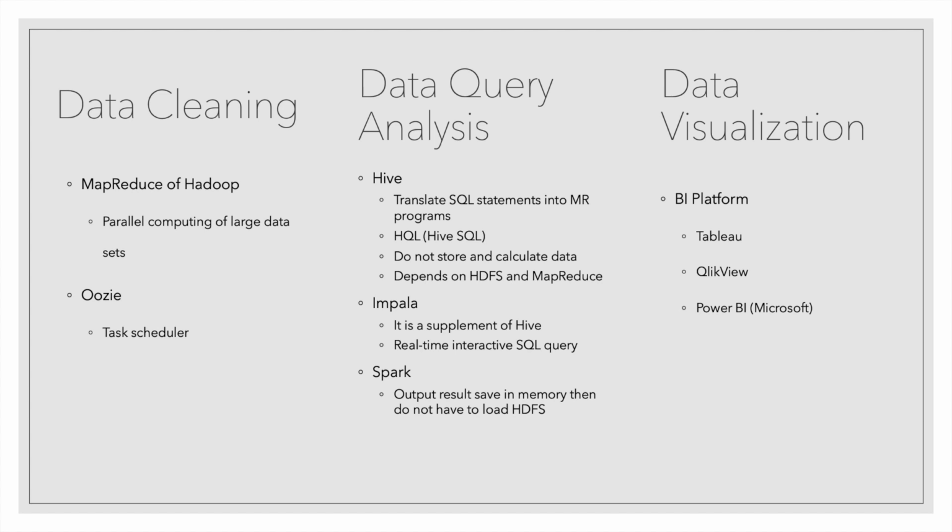MapReduce of Hadoop and Oozie can help do data cleaning, and Hive translates SQL statements into MR programs, using HQL, which is Hive SQL, and does not store or calculate data itself. It depends on HDFS and MapReduce.